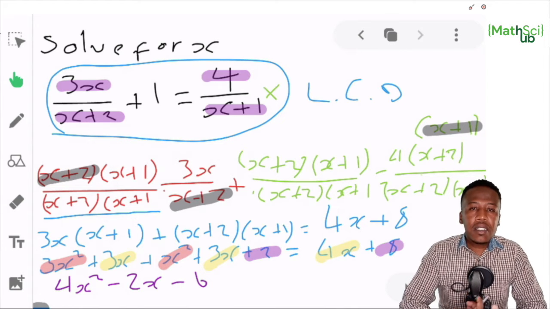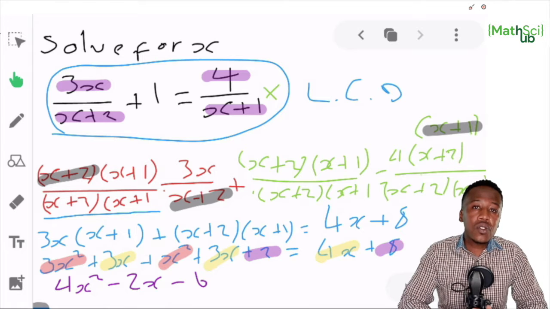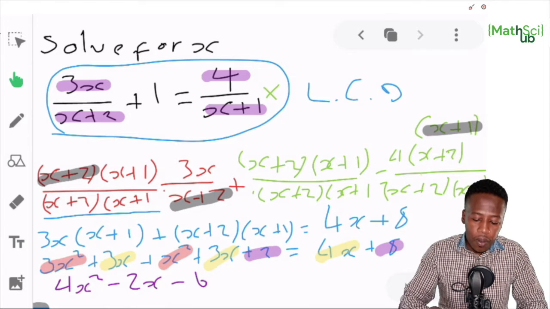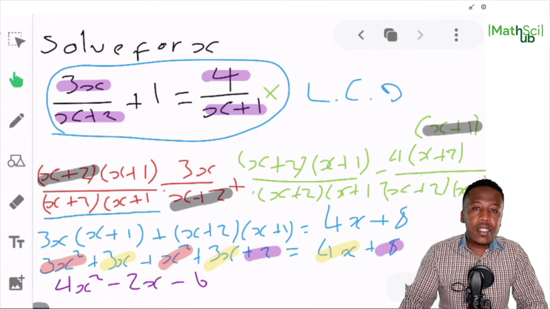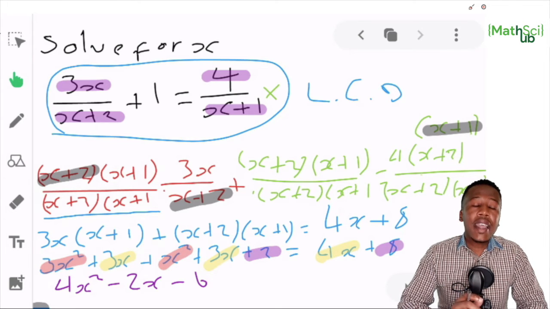By restrictions, remember, if you divide anything by 0, you will get an undefined answer. Now, whatever we get after factorizing, we don't need to have an undefined denominator, meaning your denominator mustn't be 0.